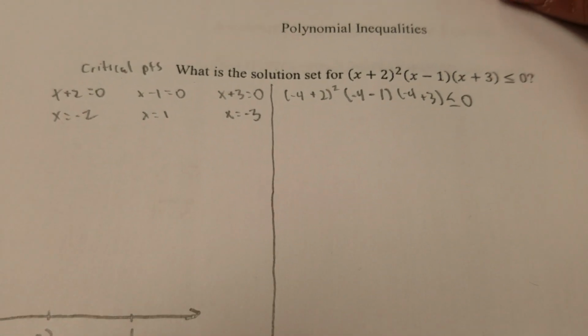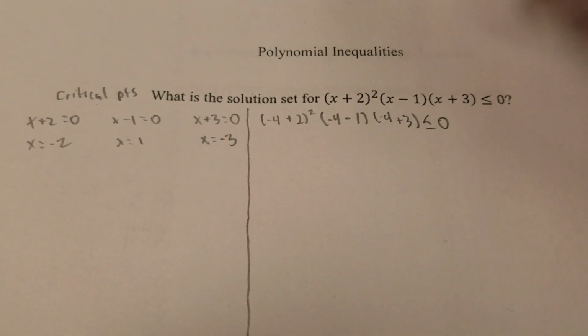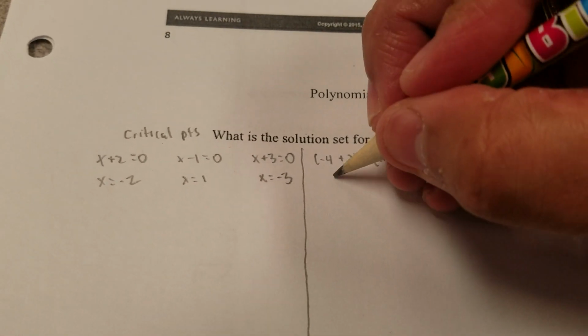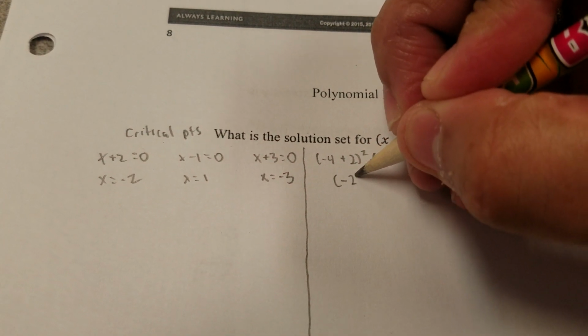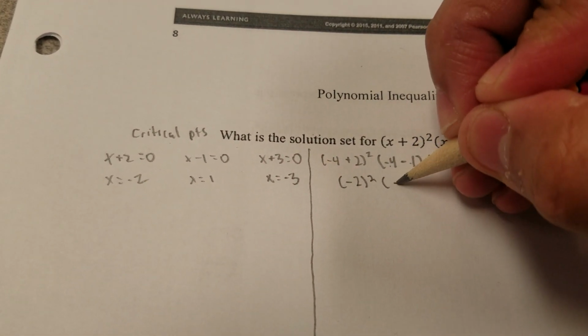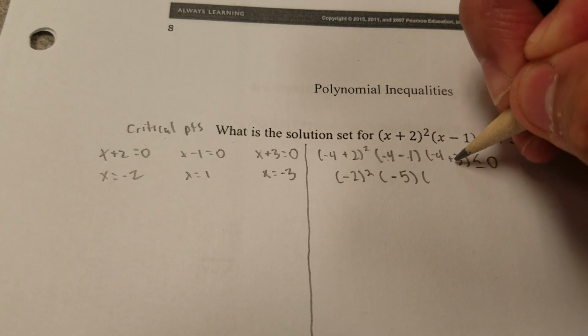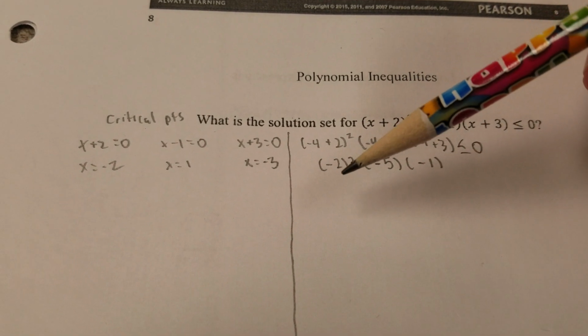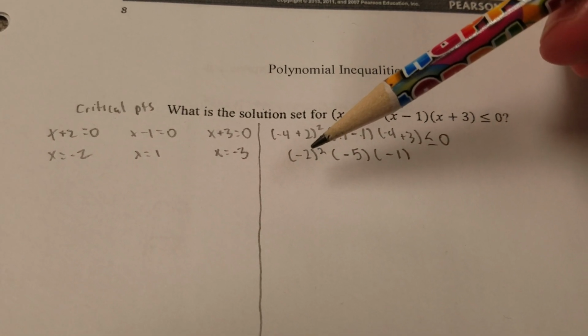All I'm concerned with is the sign. So if I add -4 and 2, I'm going to get a negative number, -2. -4 minus 1 is -5, -4 plus 3 is -1. Again, I'm not concerned with the numbers, really just the sign. You're going to see that as I move forward.